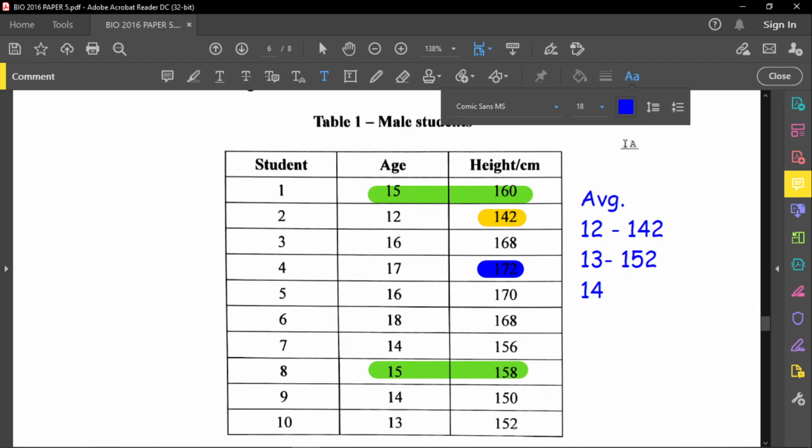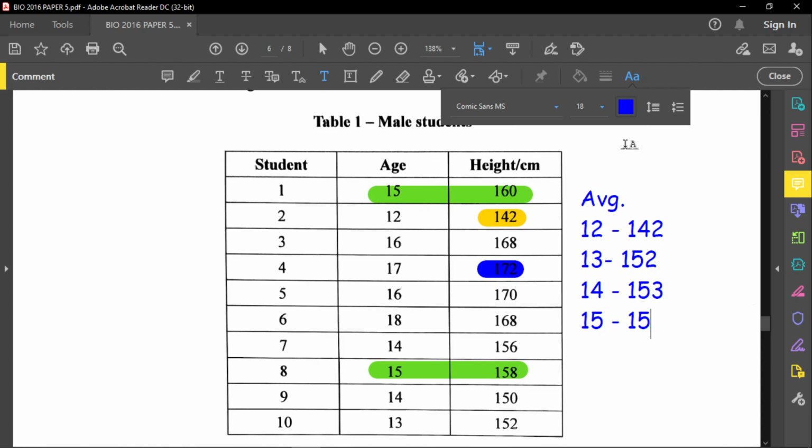Add both numbers, divide by 2, and you get 153. For 15-year-olds, there are two persons, 160 and 158. Add both numbers and divide by 2, and you get 159.